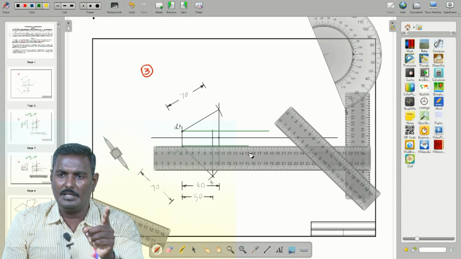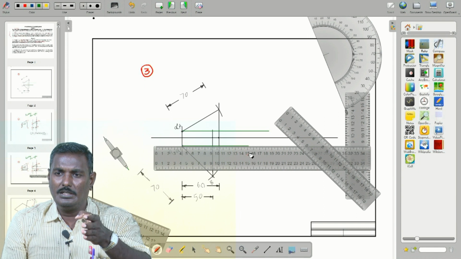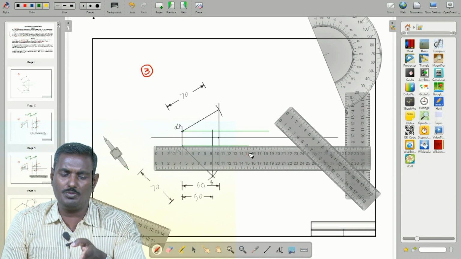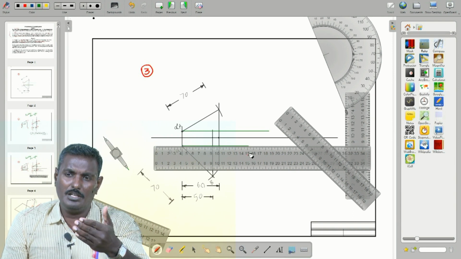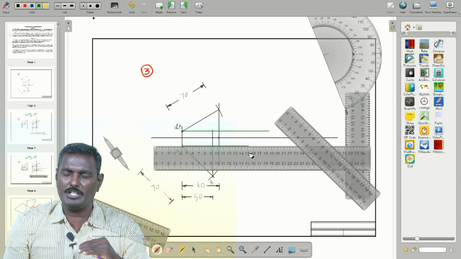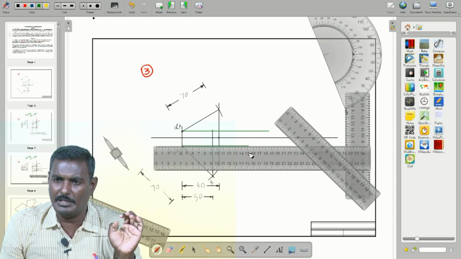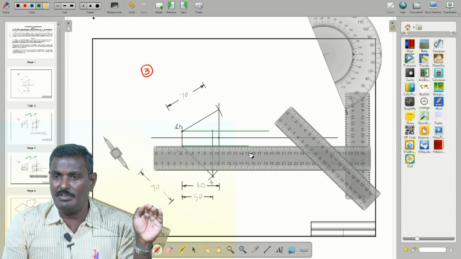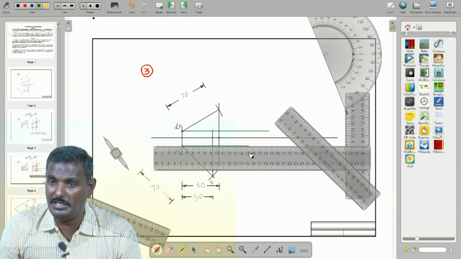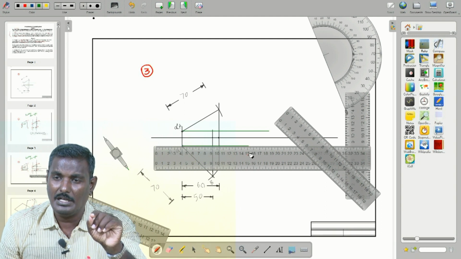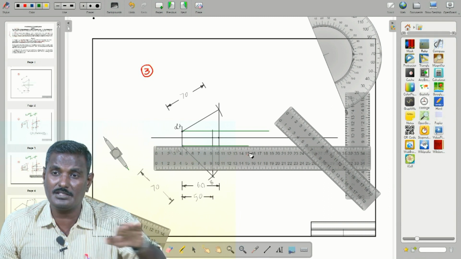If you trace anywhere by looking at the elevation views or plan views, in the projection the plan and the elevation should be present in the same projector. But in parallel, if you look above xy or below xy at A dash anywhere, it should lie on the same locus line. It does not change, that height is not changed anywhere, as given in the condition. Since we draw a locus line, if the true point is there, what about the elevation views? They lie at the same distance as the true points.